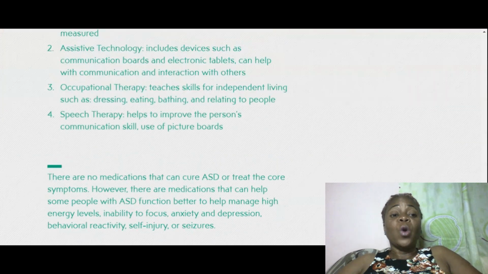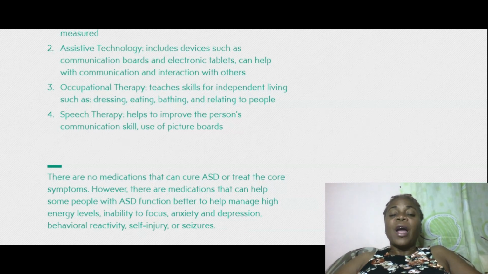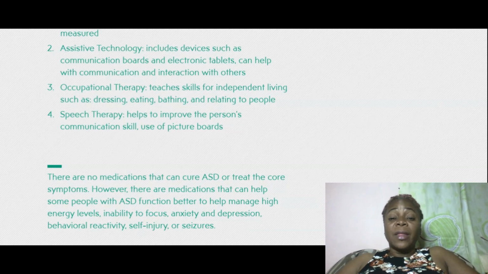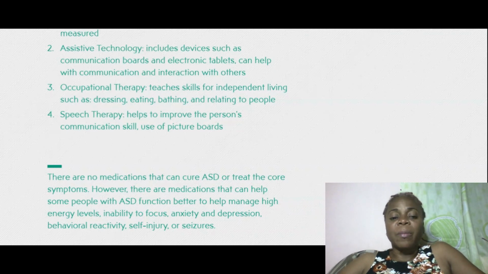Then we move on to assistive technology. Now, technology is the use of devices such as communication boards, like the picture exchange system, we call that PECS, and electronic tablets with other systems on it that can help with communication and interaction with others. And then we have occupational therapy.